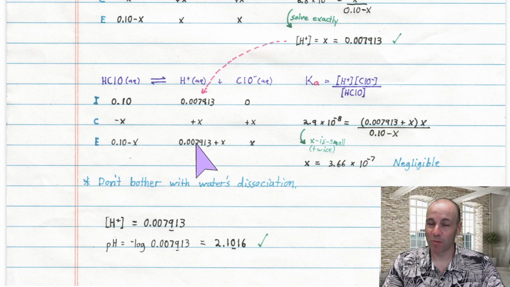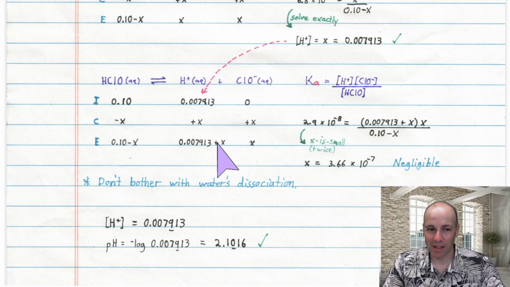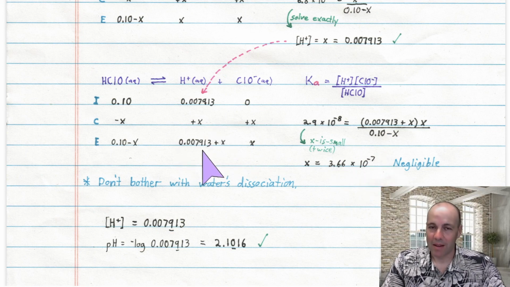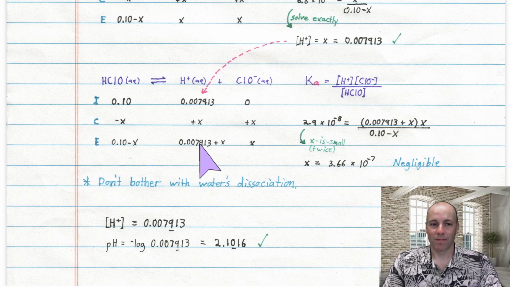The total amount of protons so far is what you had at the beginning from the first acid plus what you get from the second acid. But this is 10 to the minus 7, and that's negligible compared to what the first one gave us. You would be adding digits way out here. So this proton concentration is rounded to 0.0079. It doesn't make sense to add this number to it. So that is your proton concentration.